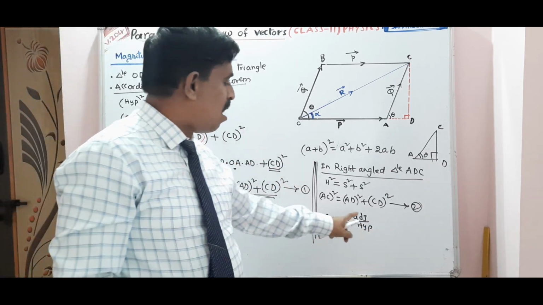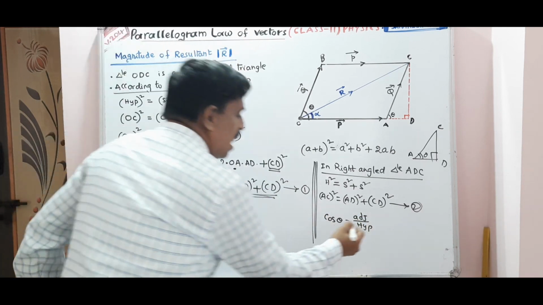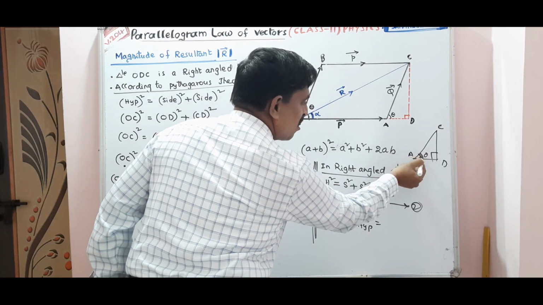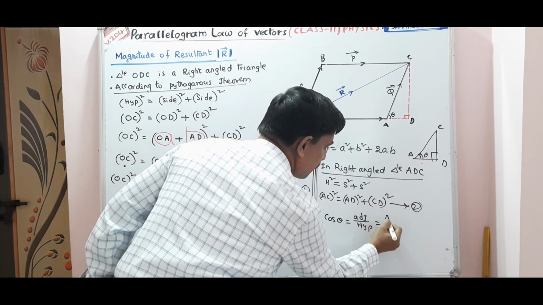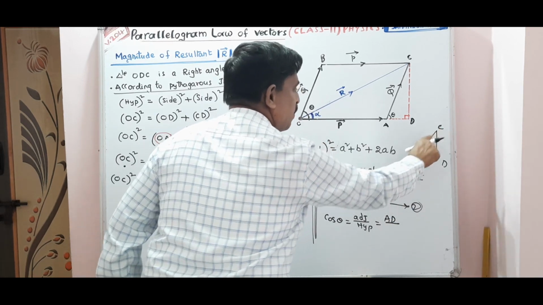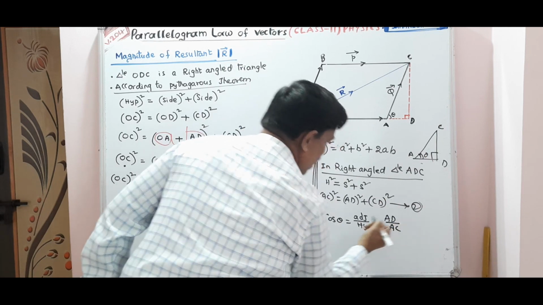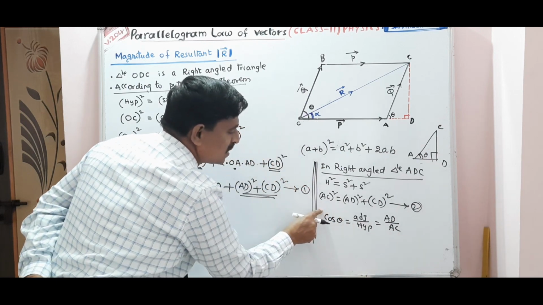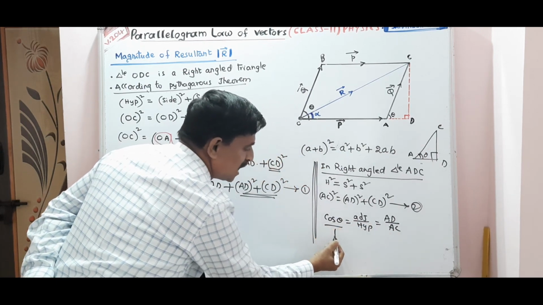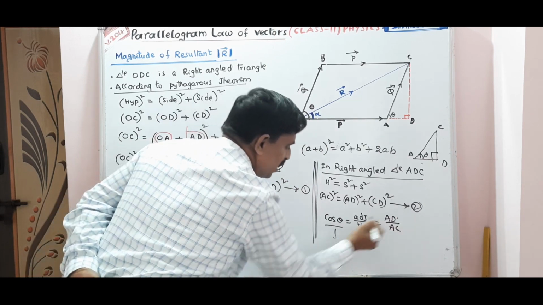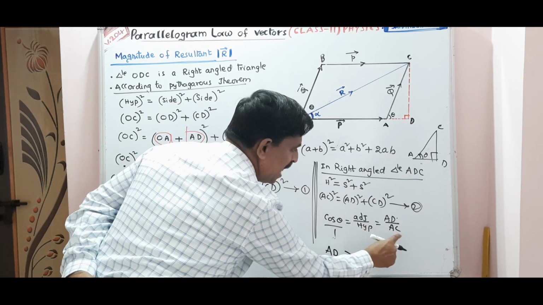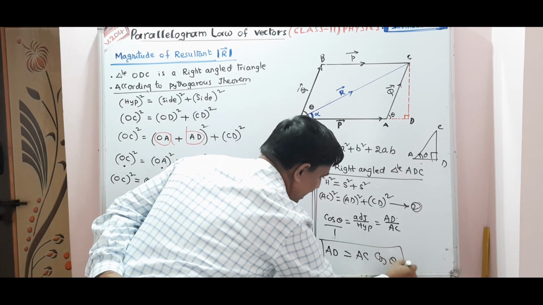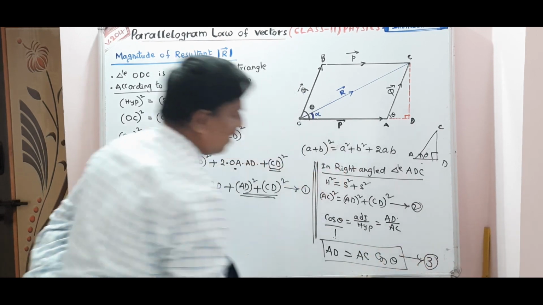Adjacent side to theta is AD, hypotenuse is AC. Cross multiplication: AD is equal to AC into cos theta. Now this equation I am calling as 3.